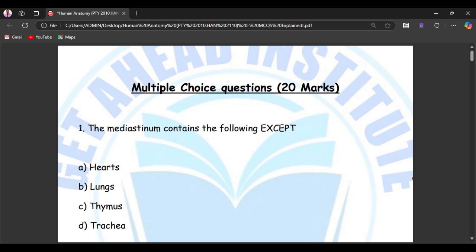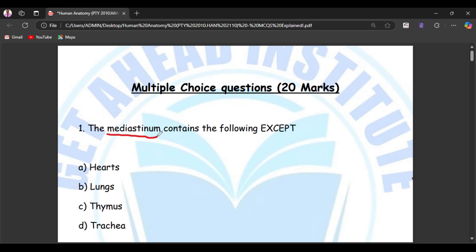And in this anatomy tutorial, we are going to go over 20 multiple choice questions which will be explained with key principles or concepts. Let's get into this. So, question 1, the mediastinum.